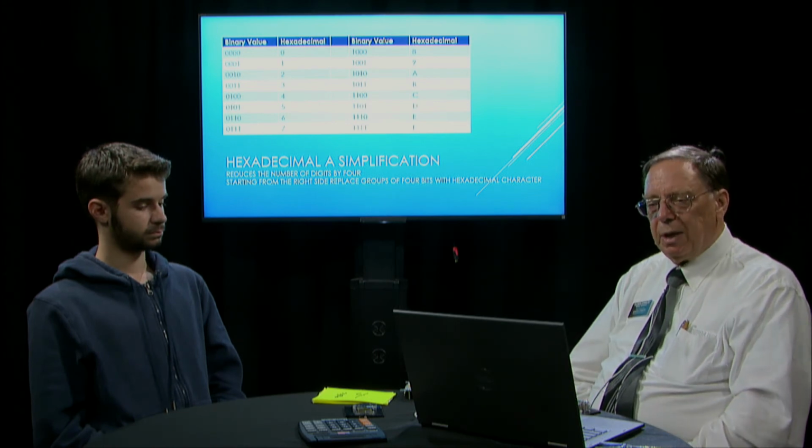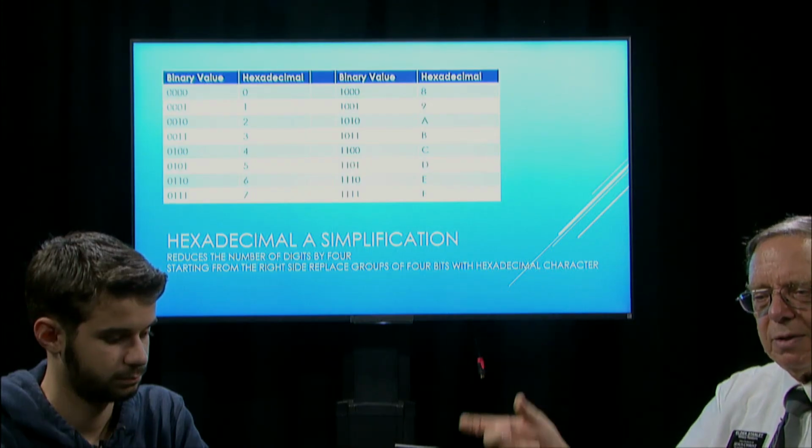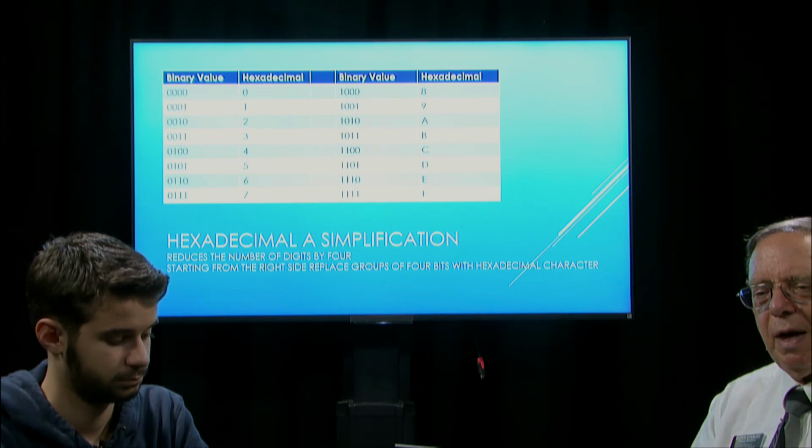One of the things that makes converting from binary to another system easier for humans to understand is to break binary numbers into 4-bit digits we call nibbles. And each of those nibbles we can assign a hexadecimal value.